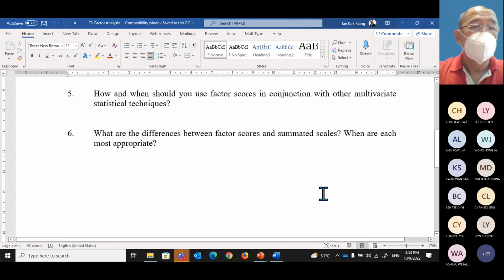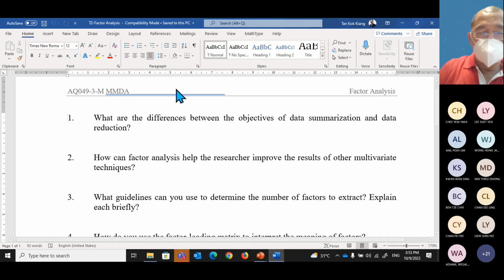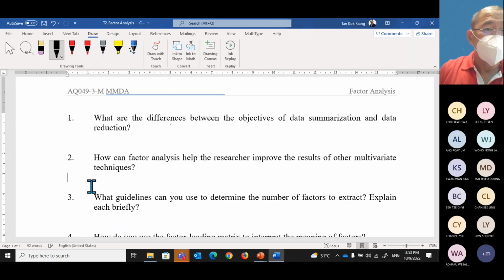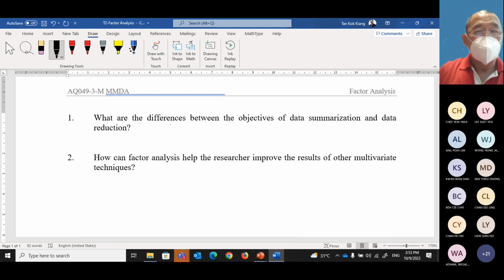Okay, so how can factor analysis help the researcher improve the result of other multivariate techniques? This one was also discussed a bit just now.